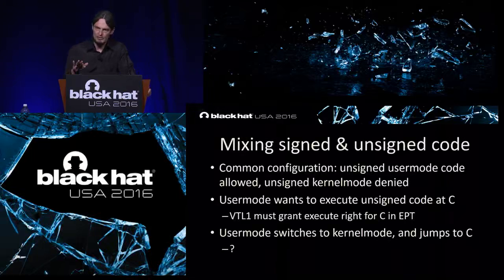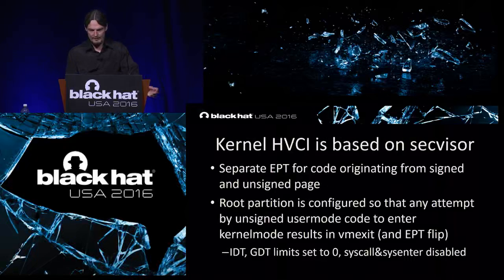Because we have changed the EPT table to another version, and execute right was granted only in the previous one. So at this moment, we are running with a different EPT table without execute right for C. So this problem is taken care of, and it's not stated anywhere in the documentation, but essentially Microsoft reused the SecVisor ideas.